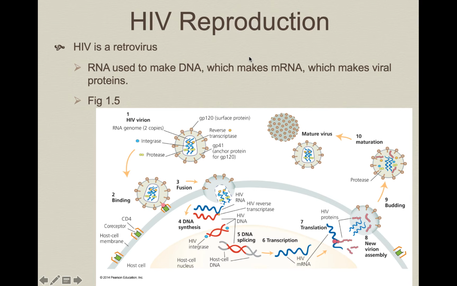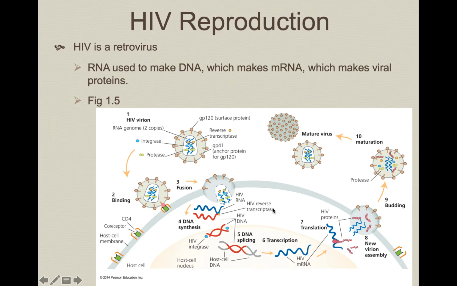As I mentioned, HIV is an RNA virus. It's what we refer to as a retrovirus. This means that a virion, one of the viruses, has a surface protein that has to match the co-receptor in the cell membrane of the host cell so that it knows which host cell to invade. Once it makes that recognition, it then injects its RNA into the host cell.